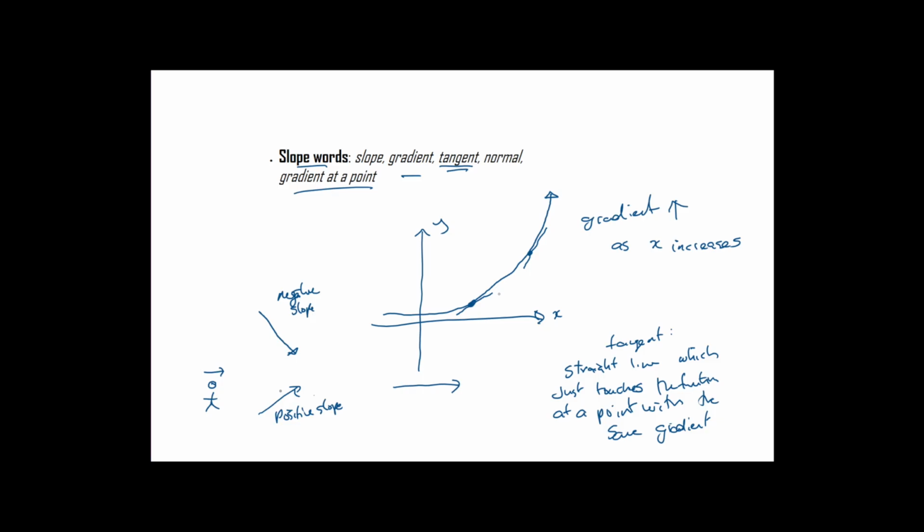If he's walking uphill, it's positive. If he's walking downhill, it's negative. If it's flat, there is no slope. If there's a cliff, I guess there's infinite slope. But it's not really a gradient at all at that point.